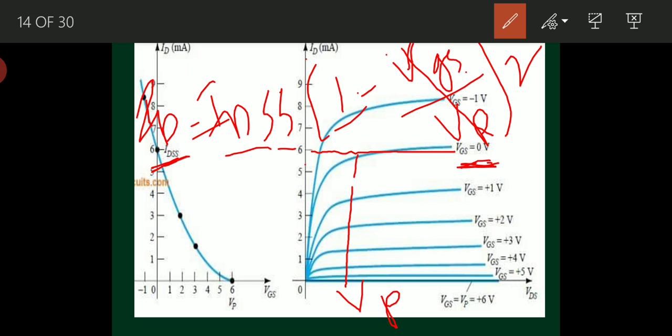VGS versus ID, right? Now if VGS equals VP, what will happen? VP by VP goes to 1, 1 minus 1 is 0, 0 into IDSS is 0, so ID equals 0.